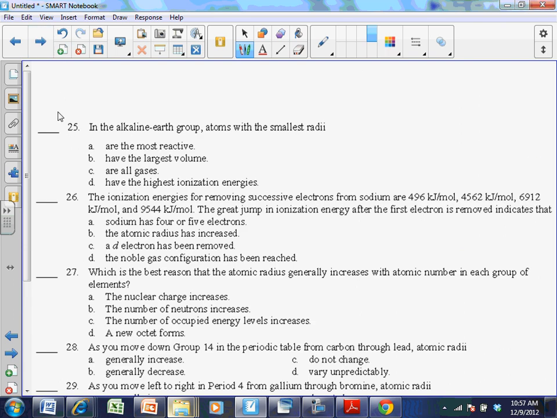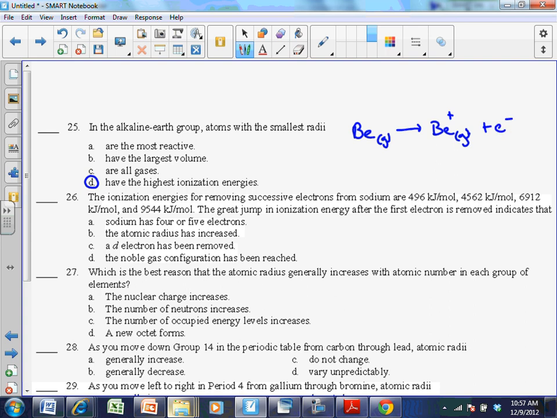All right. In the alkaline earth metals, atoms with the smallest radii are most reactive. No, in your lab you saw calcium was more active than magnesium. Have the largest volume? No. Are all gases? No. Have the highest ionization energy? Yes. That means it's harder to remove an electron from beryllium. Remember, ionization energy is how much energy it takes to remove an electron, and it's harder to remove an electron from the smaller atoms.